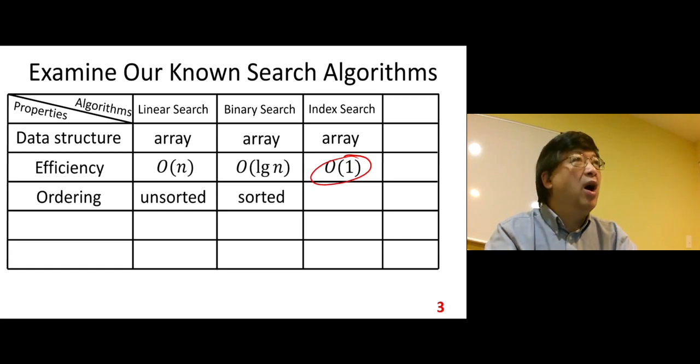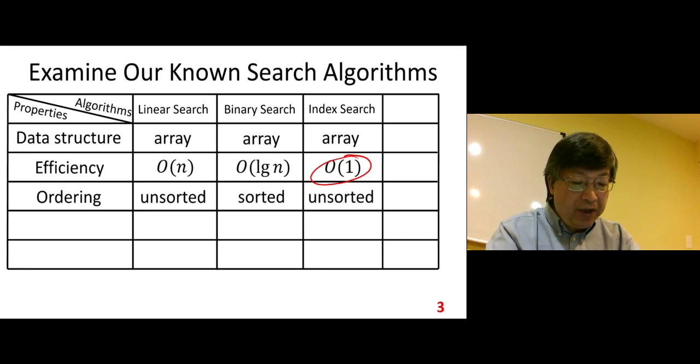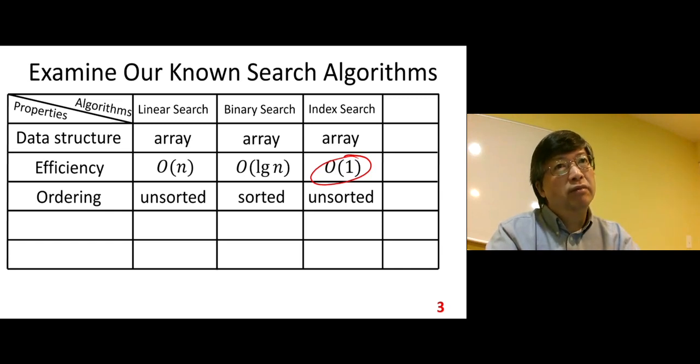That's a big requirement, otherwise you cannot apply binary search. It's a very restrictive requirement. Index search works on unsorted data. If you do not require your data to be sorted, that means less restriction, so you can apply it in more general situations.